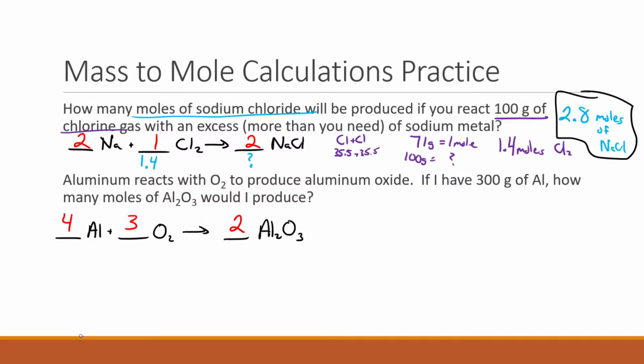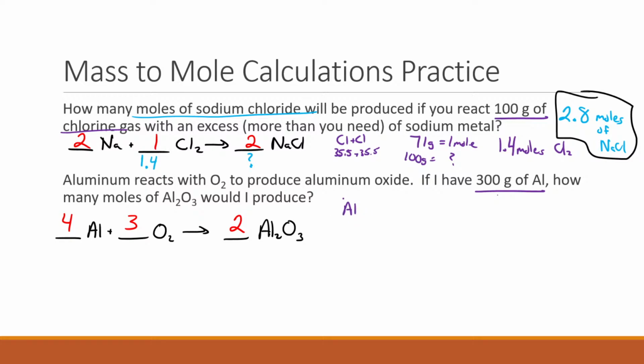Then we look at our question. What do they give us? 300 grams of aluminum. Remember, that's a big no-no. Grams cannot go in your denominator. We must save that spot for moles. So we need to convert this into moles.